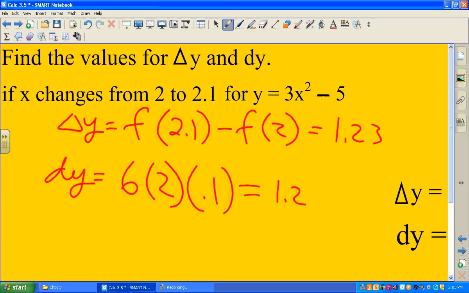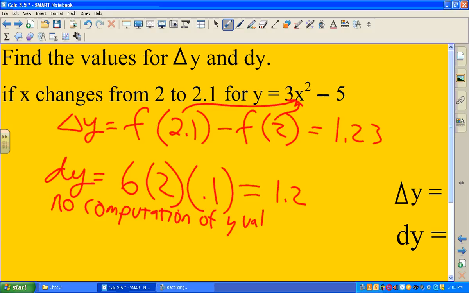Also, take a look at something. You put 2.1 in for the x, and you put the 2 in for the x, and you subtract the actual y values. Here, you don't compute any y values. You just subtract the two of them.